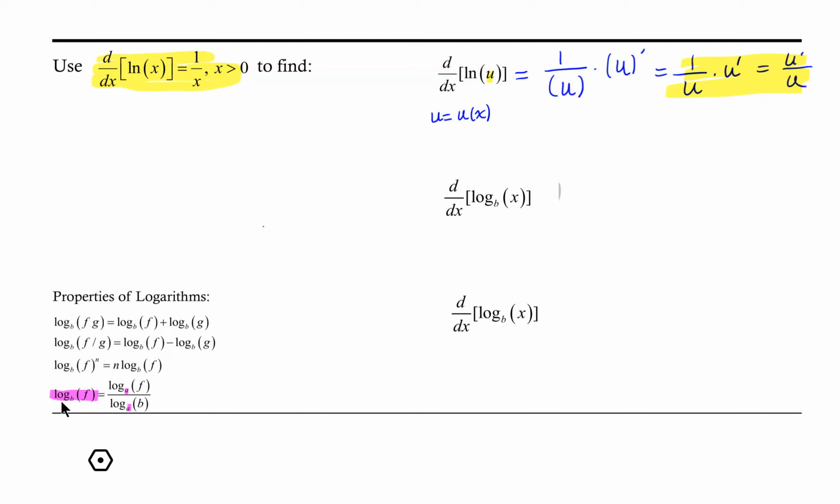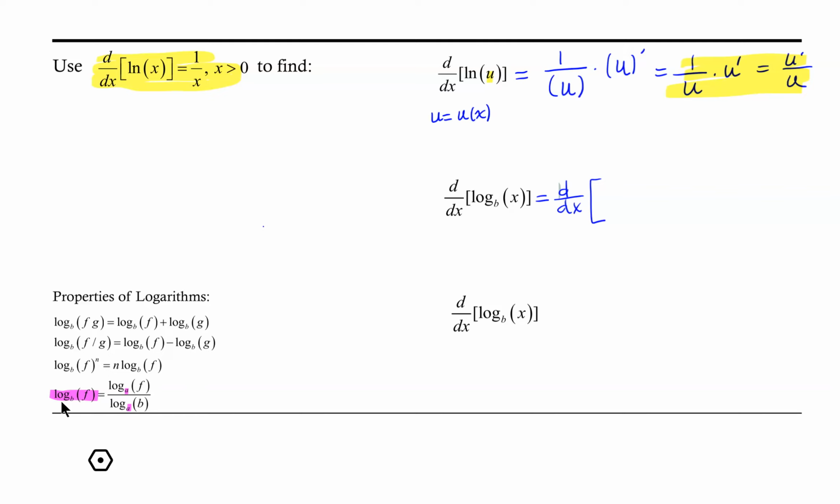So we're going to use that to help us rewrite this log base b of x. So we're going to be looking at what is the derivative. Now when I switch bases here, I want to switch it to a base that I already know something about.